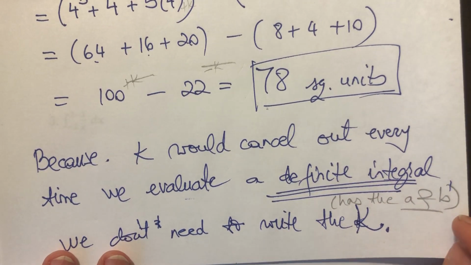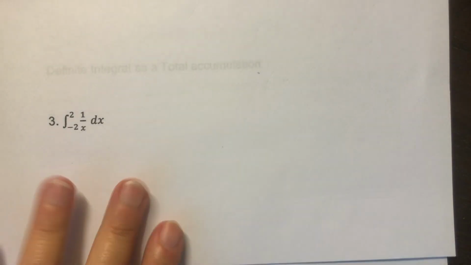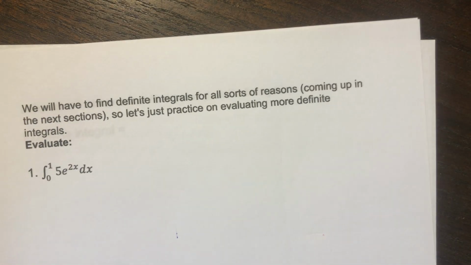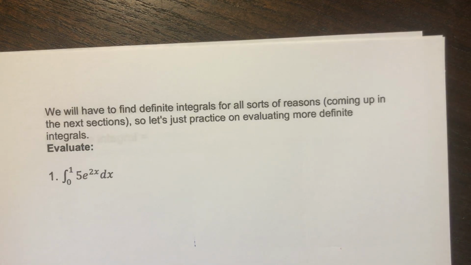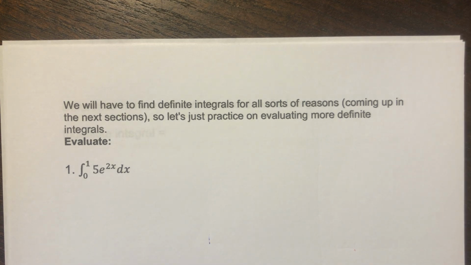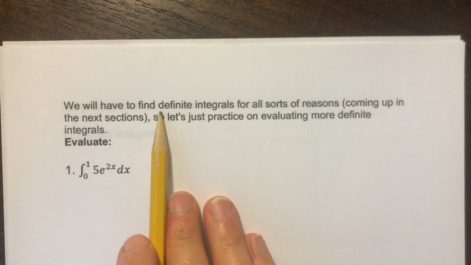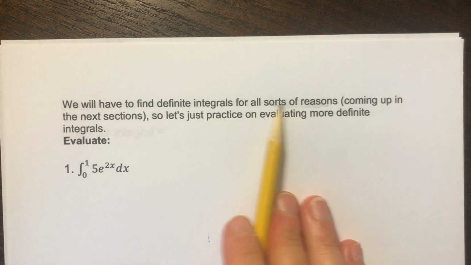All right, so let's move on, okay? Now, as I said, you're welcome to try and find the area really quick and see if we get close to 78. I'm going to leave that up to you. As for fun, let's see what happens. All right, so the point is that we will have to find definite integrals in the next sections for all sorts of reasons, right?